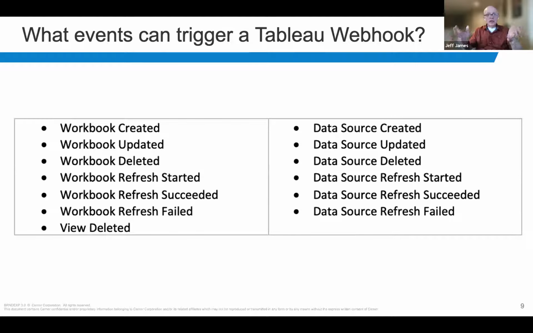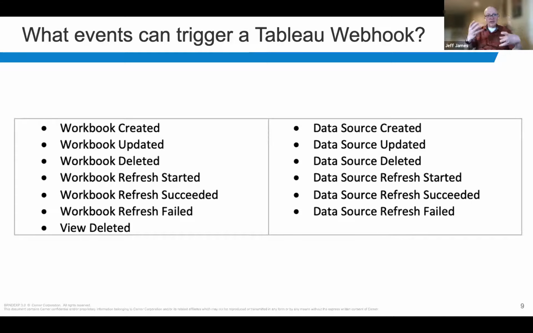So inside of Tableau, there's a number of different events that can trigger a Tableau webhook. Really kind of comes down to, you've got a set of workbook items that can be worked with and a set of data source items. And it's really about flow, right?